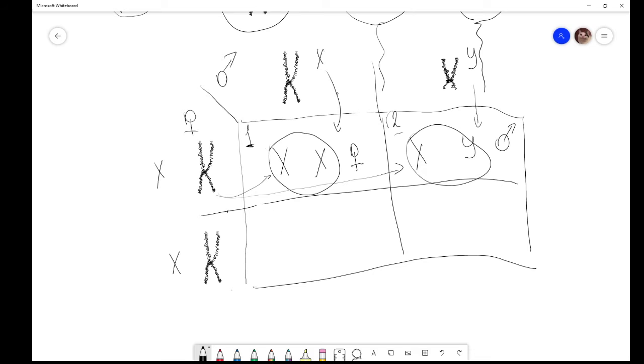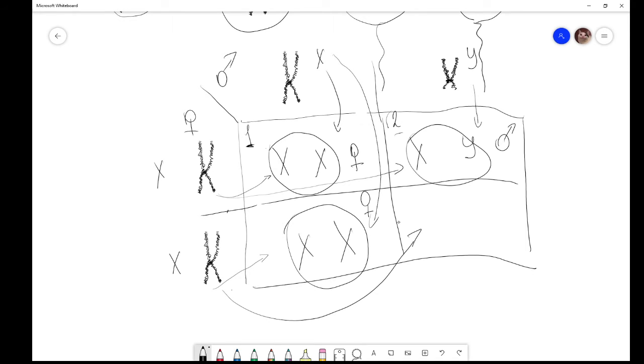The next one is an X chromosome from the father and an X chromosome from the mother, and this organism will be a girl. One X chromosome from the mother and one Y chromosome from the father, X and Y, and this organism will be a male. Okay.